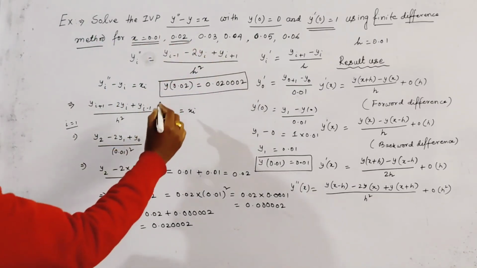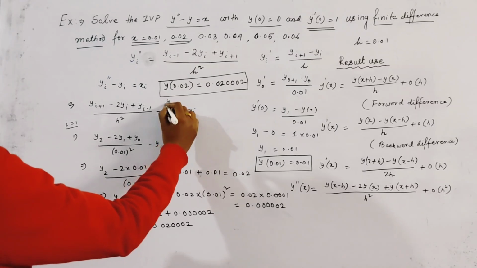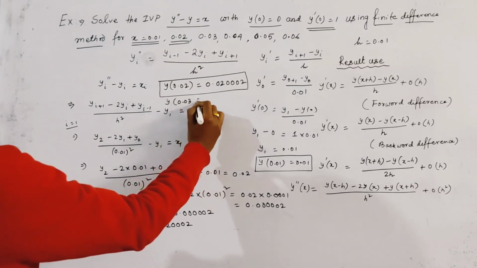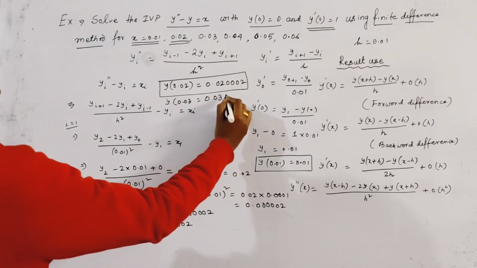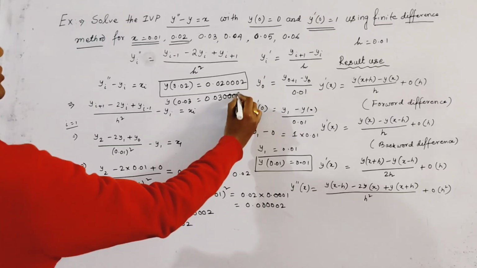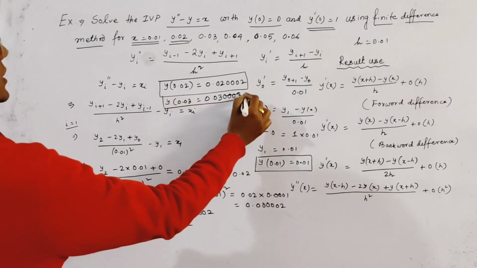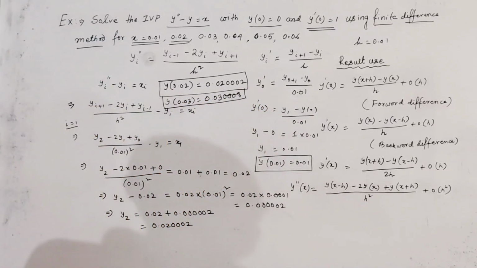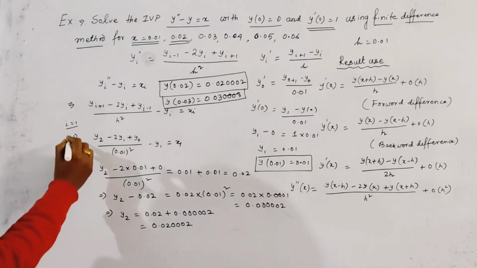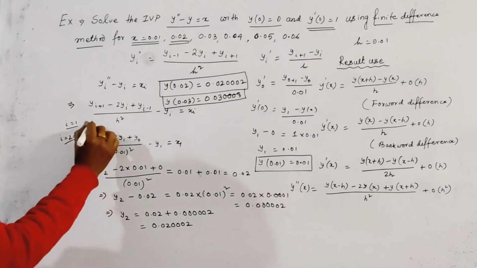Similarly, the third result is y of 0.03 equal to 0.030003. In a similar manner, we get this result by putting the value of i equal to 2 here.